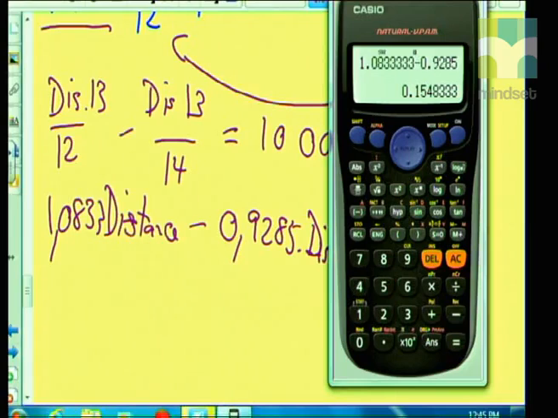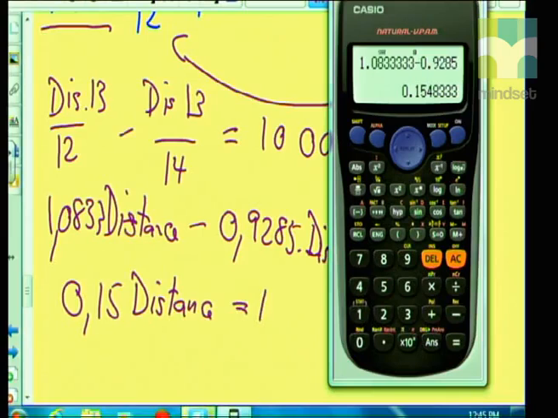I'm going to just make it 0,15. 0,15 distance is equal to 10,000. Okay?